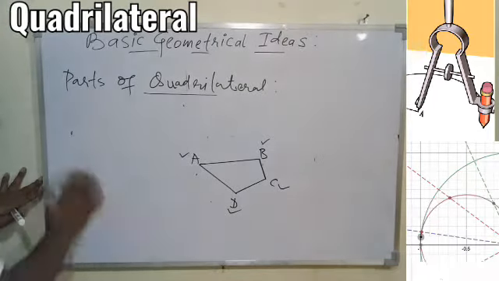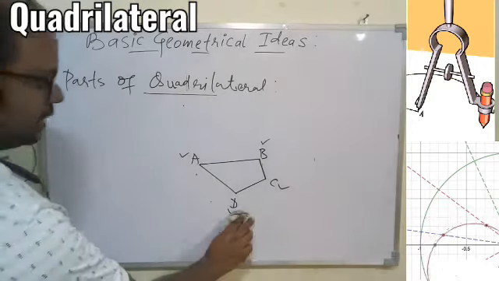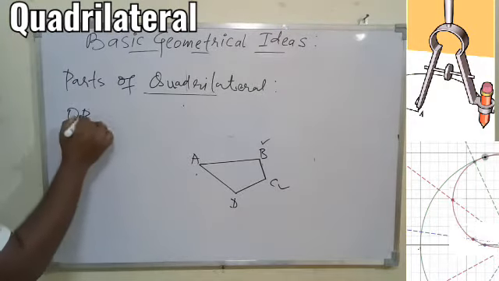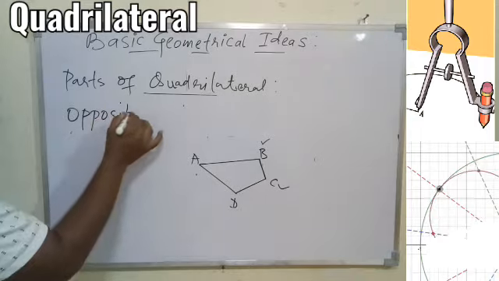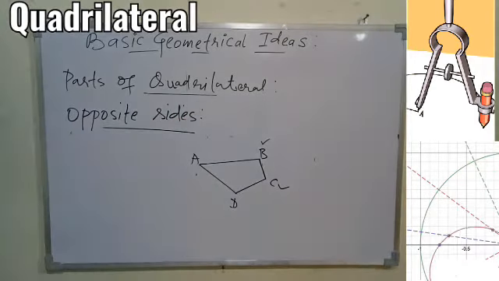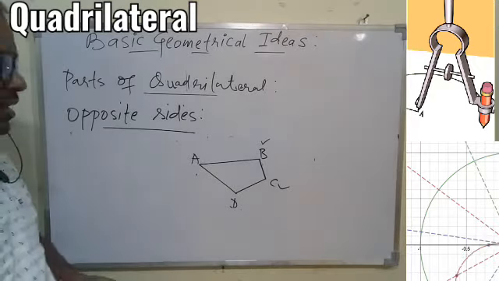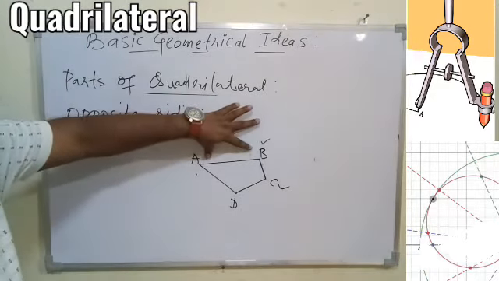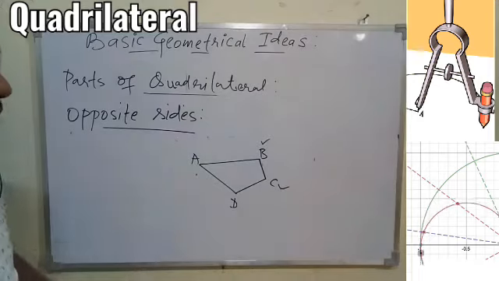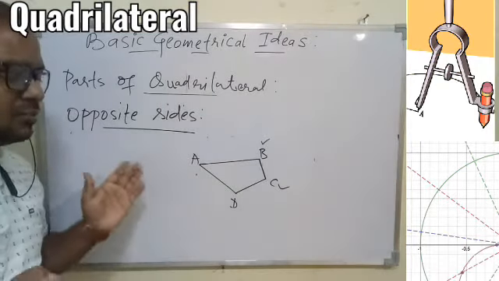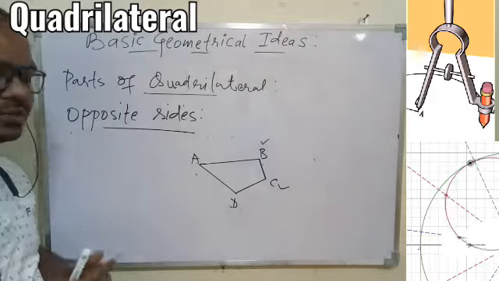Now let's go for the next one, that is called opposite. So next we have opposite sides. Let's understand this also. What you see here is that AB and CD are basically facing each other. So we can say the sides which are facing each other are called opposite sides.